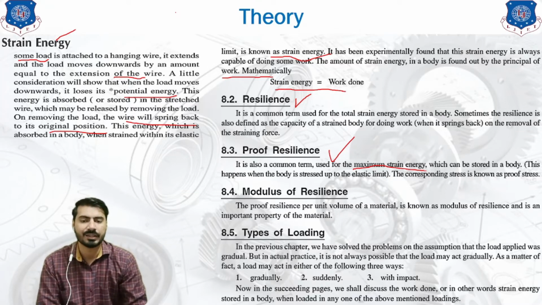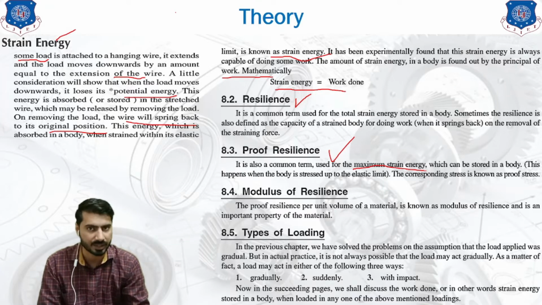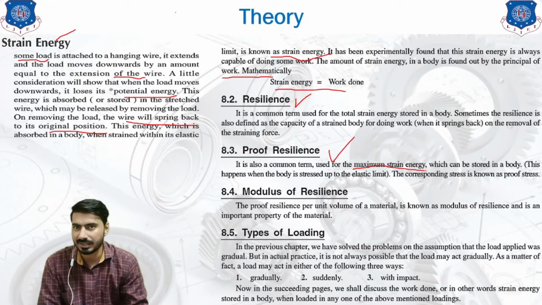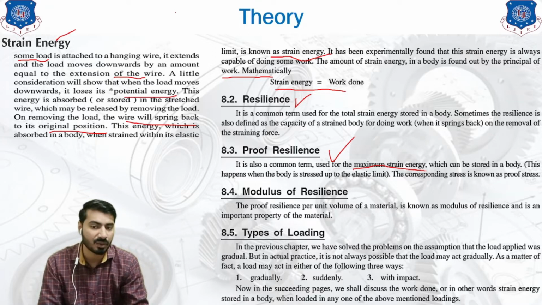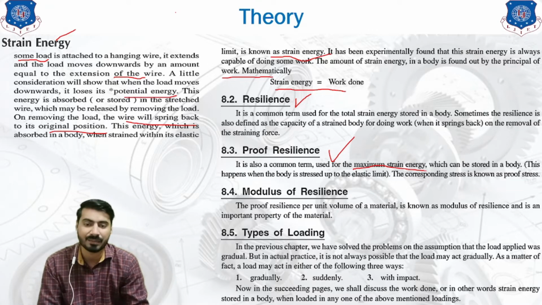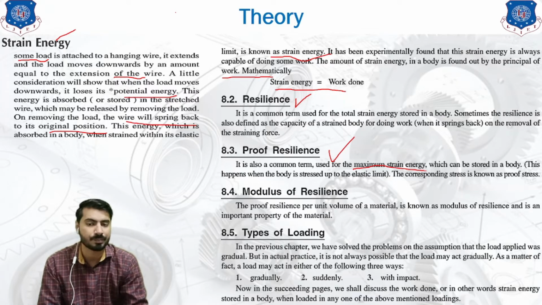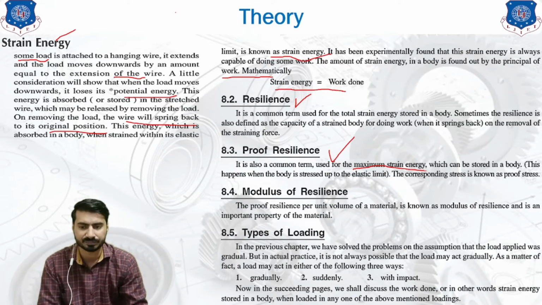So the maximum strain energy which can be stored in the body is the maximum limit of the body. This happens when the body is stressed up to the elastic limit. So that maximum strain energy is known as proof resilience. Basically it is the maximum limit that the material can withstand.